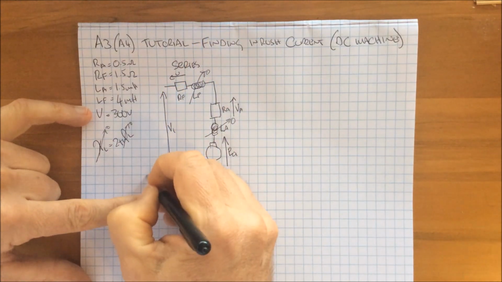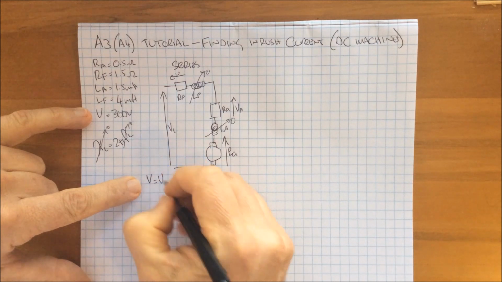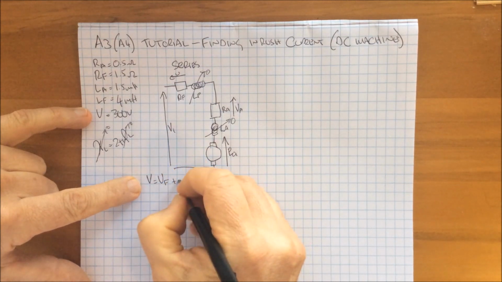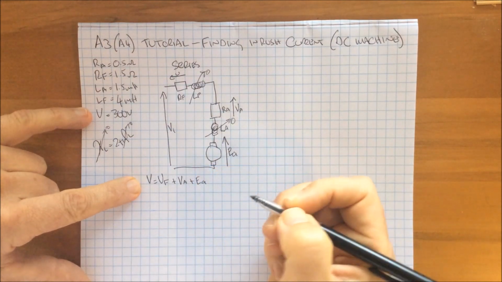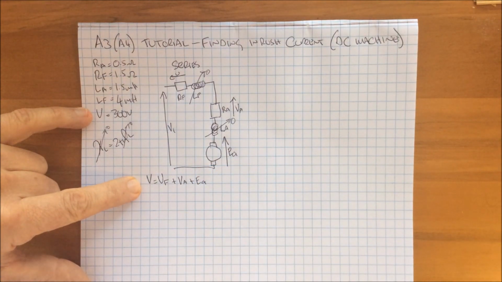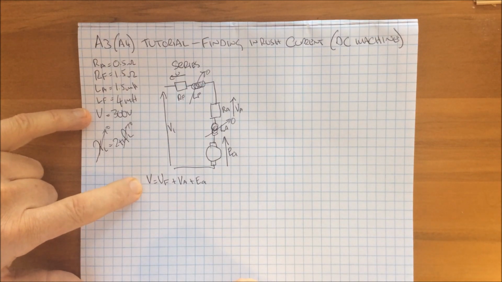So we can say that the voltage here is equal to the field voltage plus the armature voltage plus the back EMF that's going to be generated in the machine. So that's our first lot of simplifications, and that's quite simple.